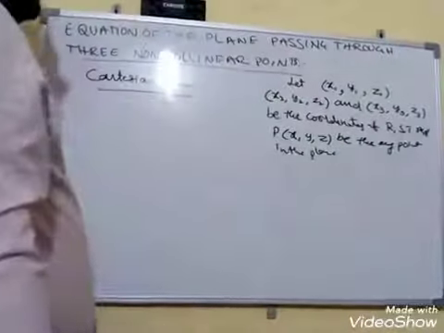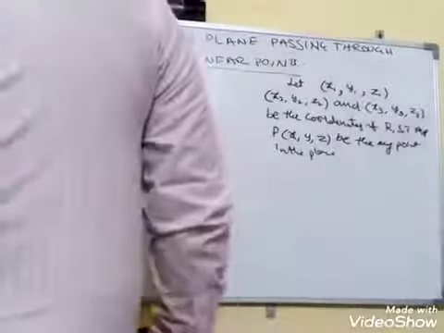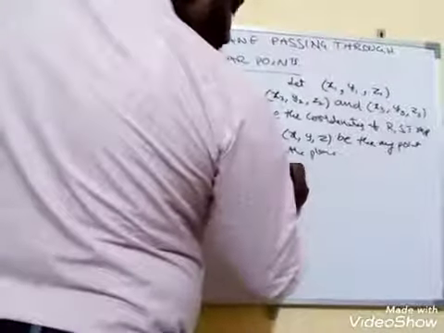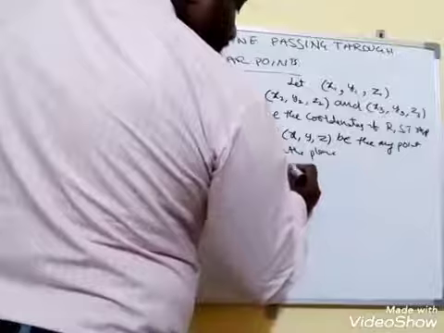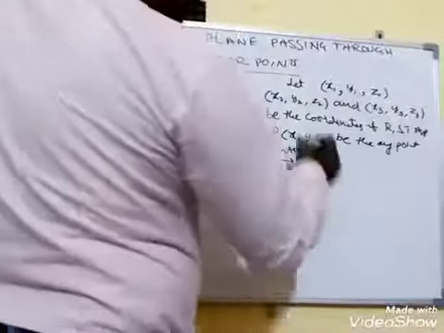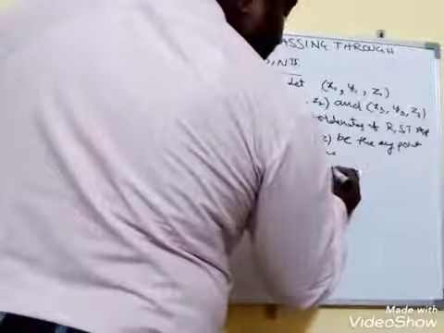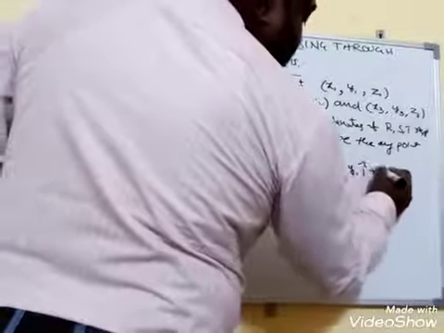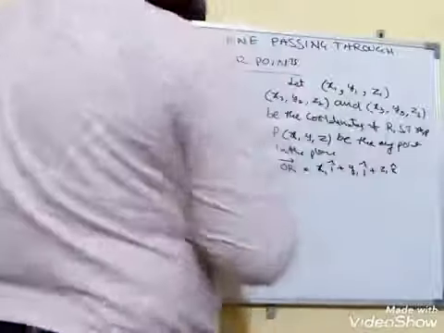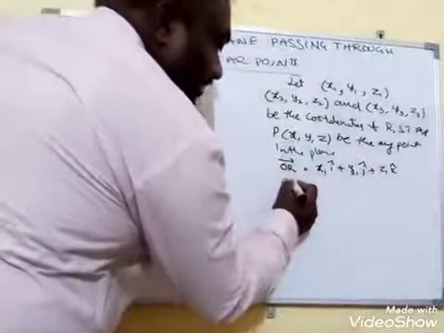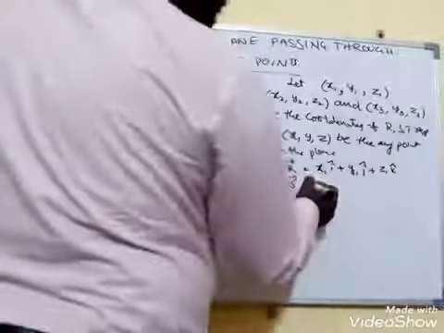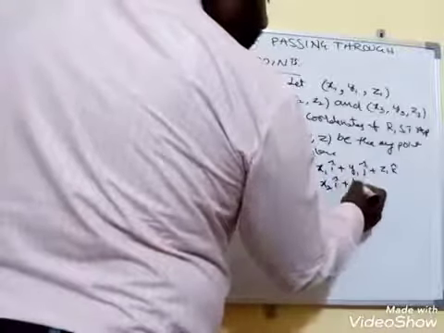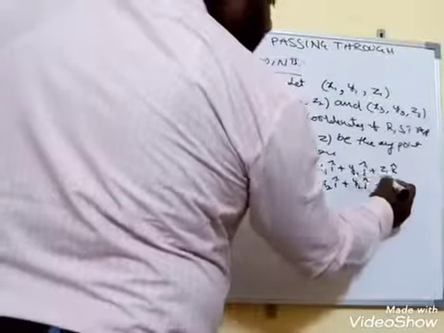Now, what are we going to get? Observe here. RP bar, first OR bar. OR bar is x1 i plus y1 j plus z1 k. Similarly, OS bar is x2 i plus y2 j plus z2 k.